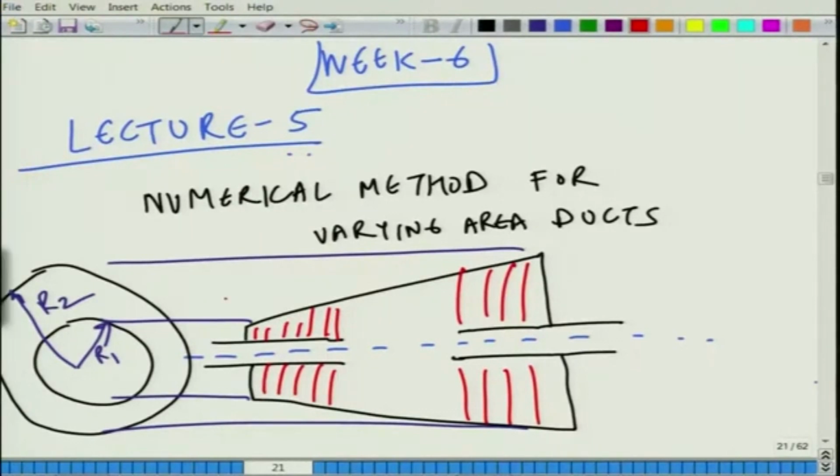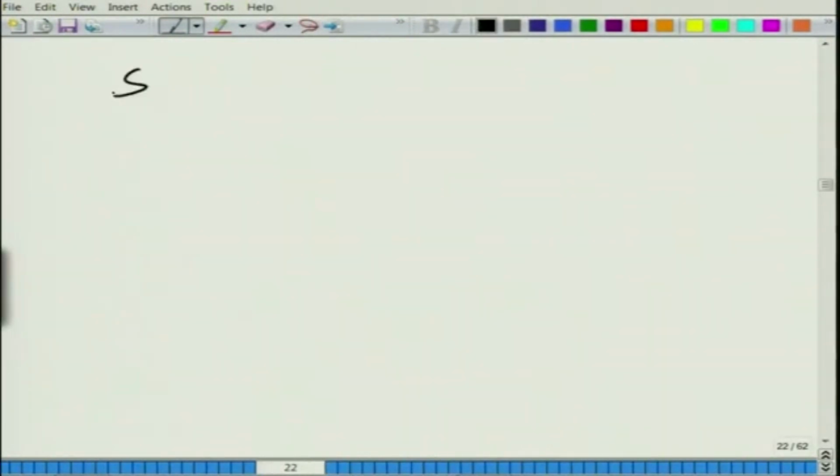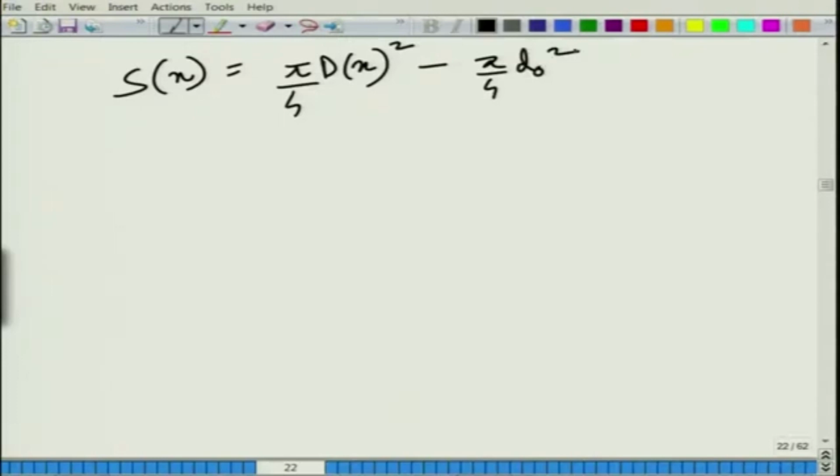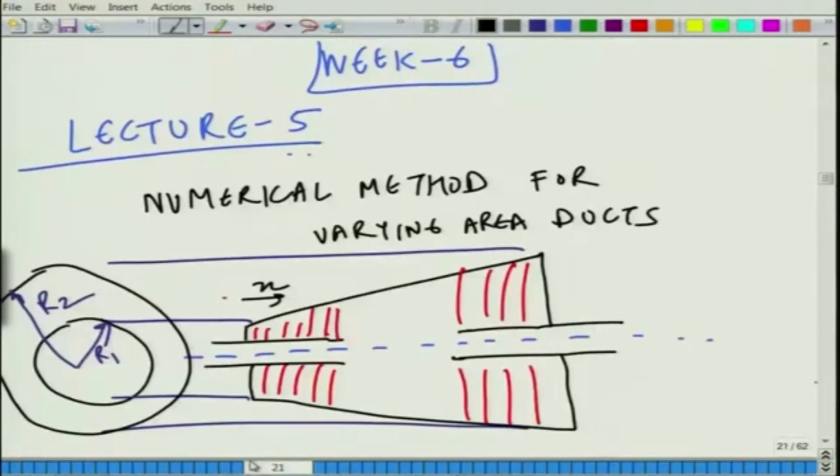If you fix your x coordinate somewhere like here, x, so what will be your area? S of x is equal to pi into d_x square by 4 minus pi by 4 into d naught square, where d naught is, say, the diameter of the inlet pipe.